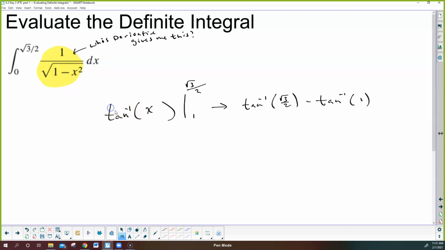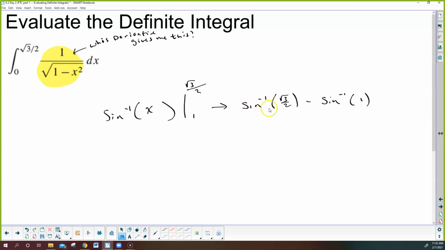Sine, not tangent. My bad. This is the inverse of sine, not tangent, because of the square root. Right? Tangent was just 1 over 1 plus x squared. Definitely didn't bring my A game today.